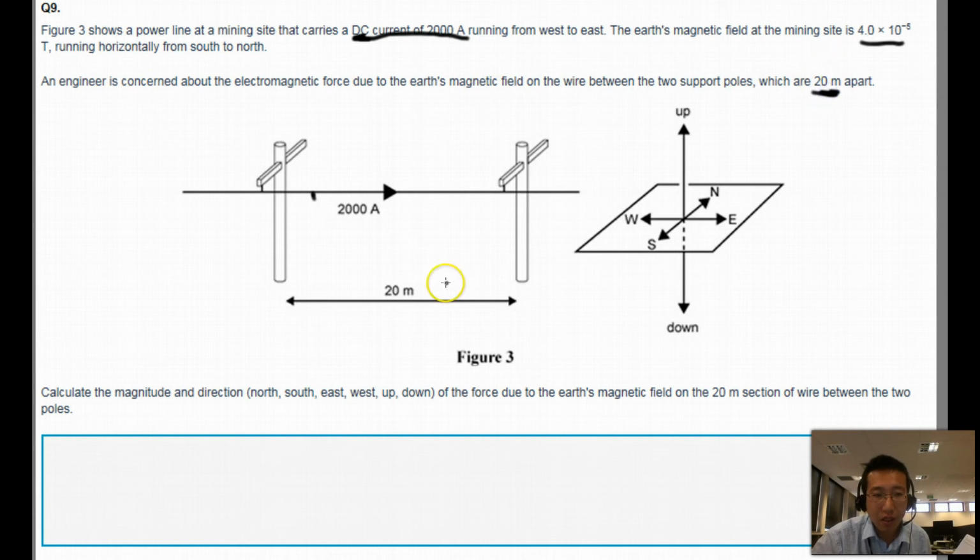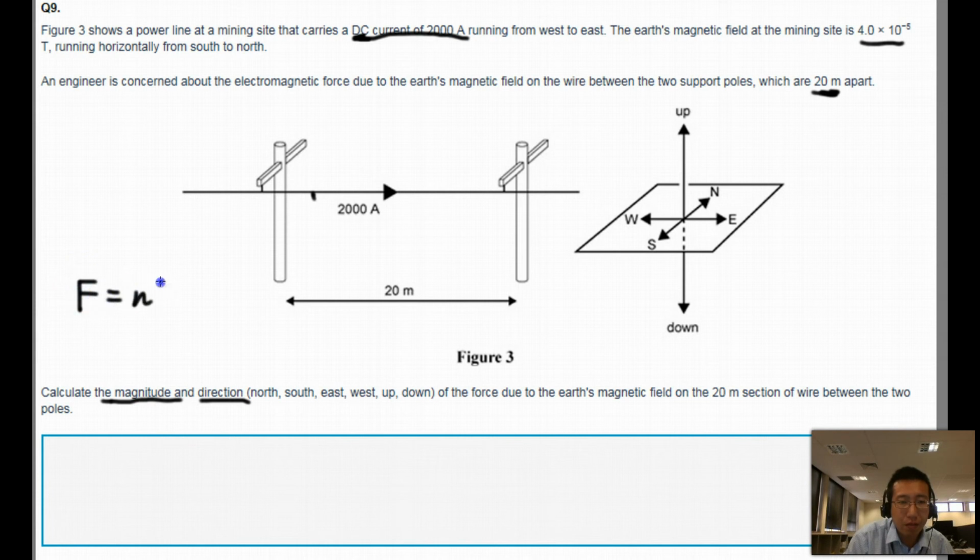The length is 20 meters. Now we need to find the magnitude and the direction. Let's find the magnitude first. Remember your equation: force equals N B I L.